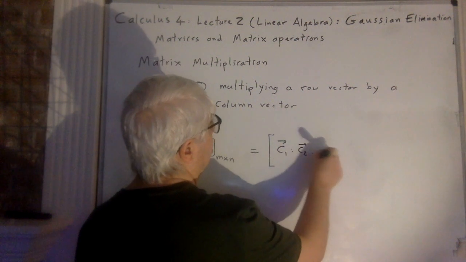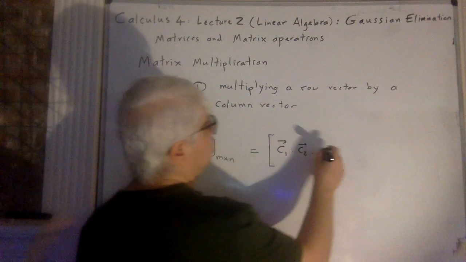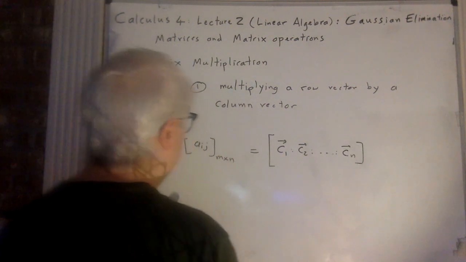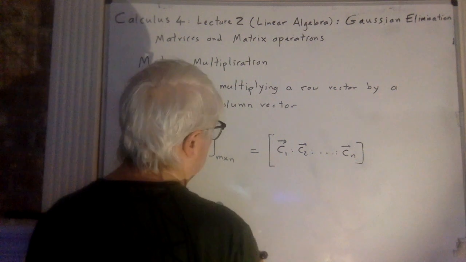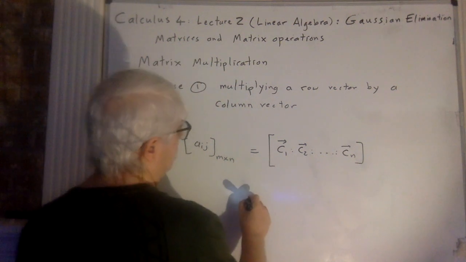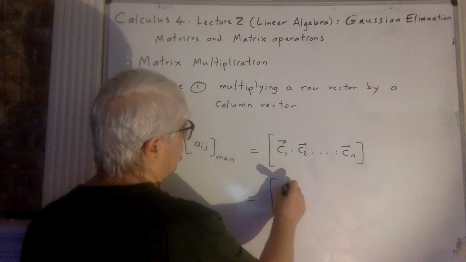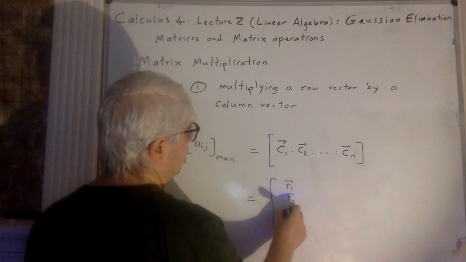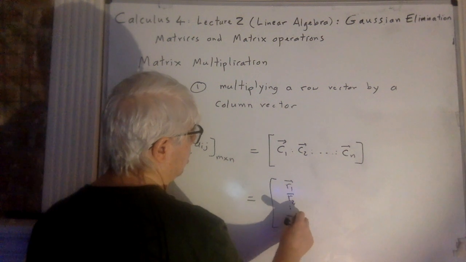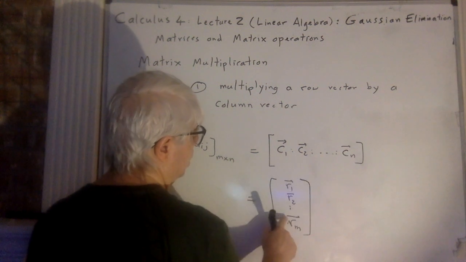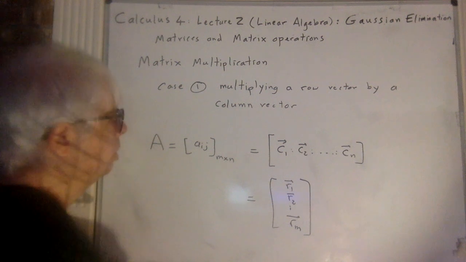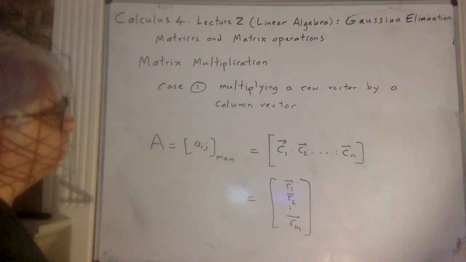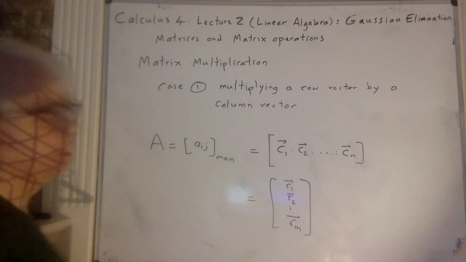This is the number of columns, so it ends at Cn. Okay. I can also write this in row form. Row number one, then row number two, up to row number n. Okay. So I can either write it down as a bunch of columns put together or a bunch of rows put together.